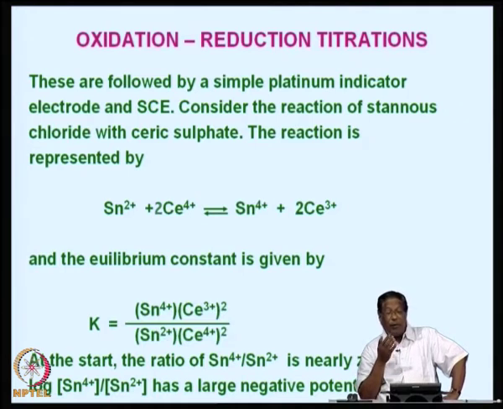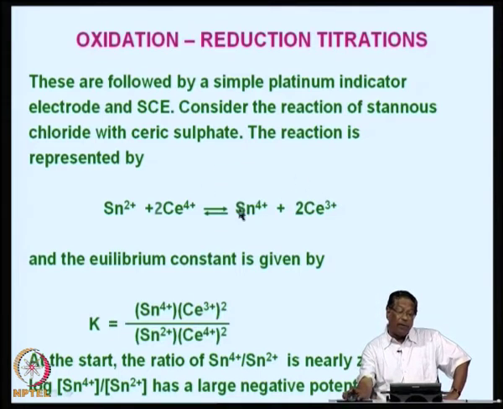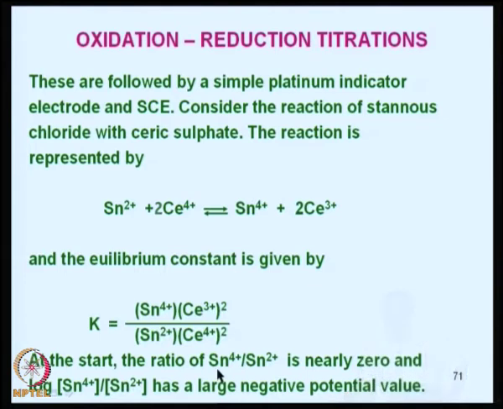And the equilibrium constant of this reaction is given by the products divided by the reactants, that is Sn4 plus, I am writing here, Ce3 plus whole square, divided by Sn2 plus and Ce4 plus, ceric. At the start the ratio of stannic to stannous is nearly 0.